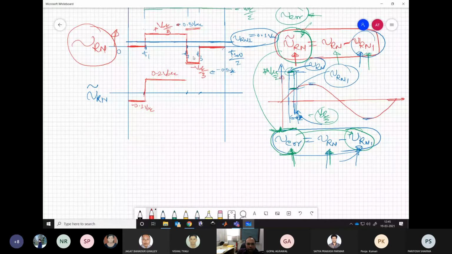Then again, we have some negative voltage applied wherever what we need is actually a positive number. So the error is more negative because minus 0.3 minus 0.1 becomes minus 0.4. And then again we have 0, whereas we need 0.1 VDC. So what is the error? Minus 0.1 VDC.